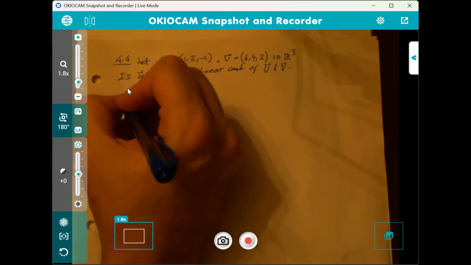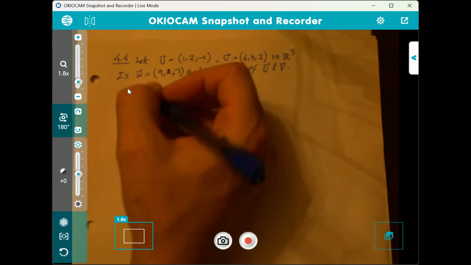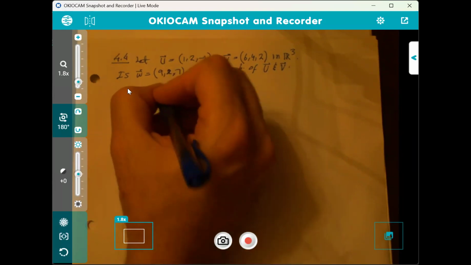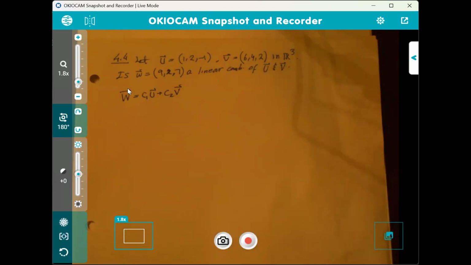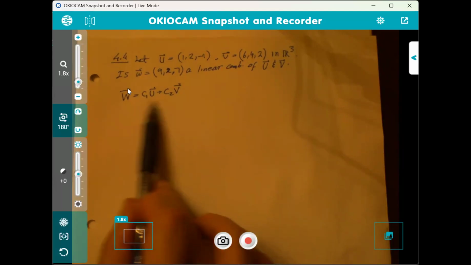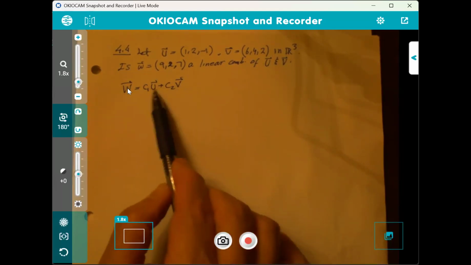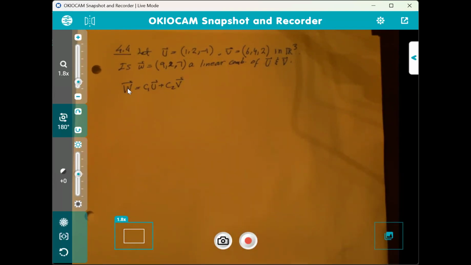Well, if I can, according to the definition, doesn't that mean w has to be c1 u plus c2 v? This is the definition of linear combination. It means you have to be able to write it as some scalar multiple of the 2 vectors.